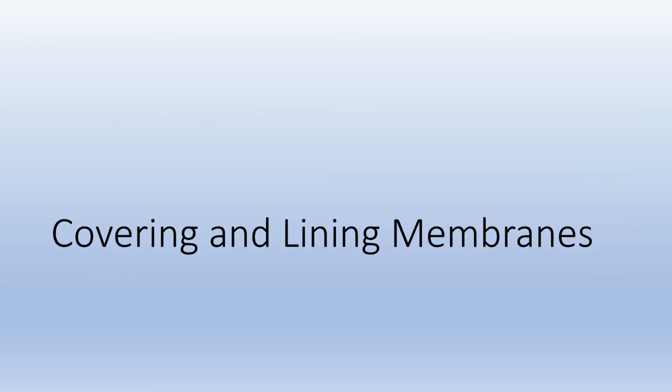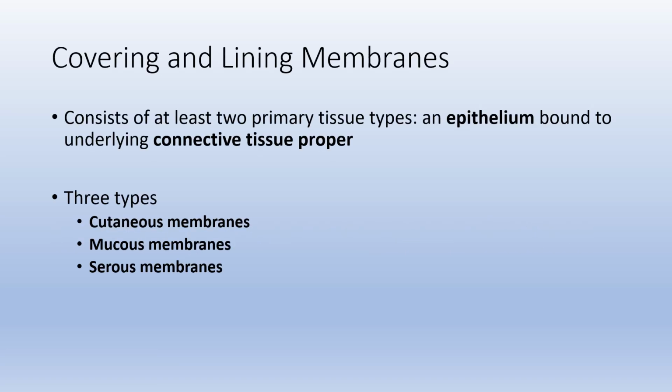Now that we have addressed all four primary tissue types, epithelial tissue, connective tissue, muscle tissue, and nervous tissue, we are now going to shift gears and talk about covering and lining membranes. We will talk about three types of membranes, but either way, they all consist of at least two primary tissue types.